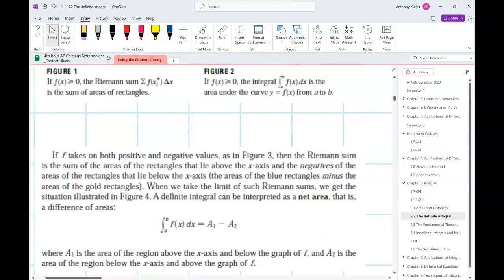One thing that we need to keep in mind with these Riemann sums is we're going to allow for rectangles to have positive area and negative area. So for example, if my curve goes below the x-axis, the Riemann sum rectangles that are below the x-axis are going to have negative area associated with them.